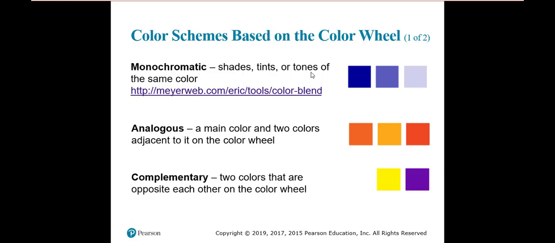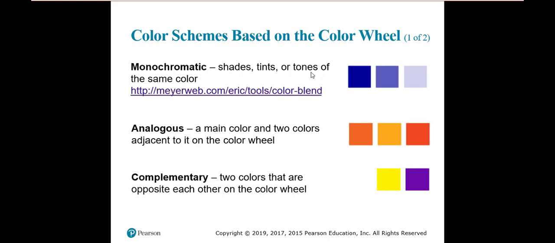A shade of a color is darker than the original one and is created by mixing the color with black. A tint of the color is lighter than the original color and is created by mixing the color with white. A tone of a color has less saturation than the original color and is created by mixing the color with gray.